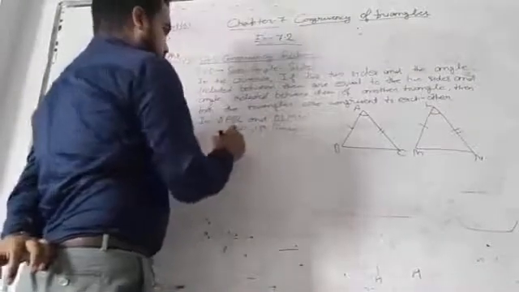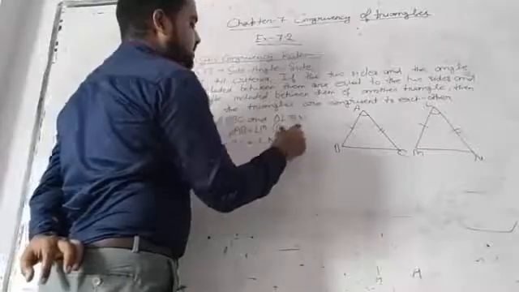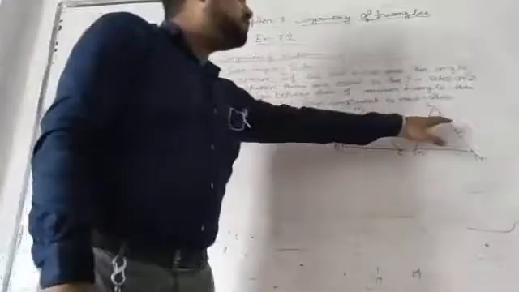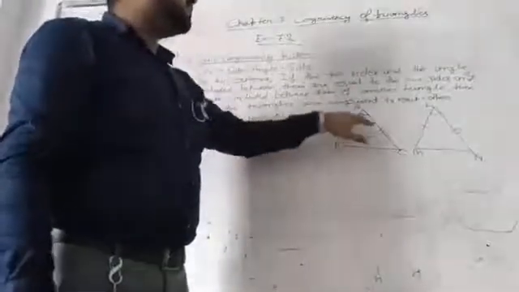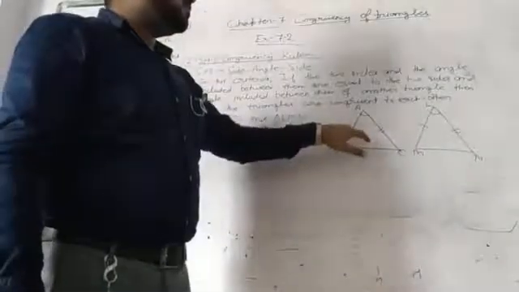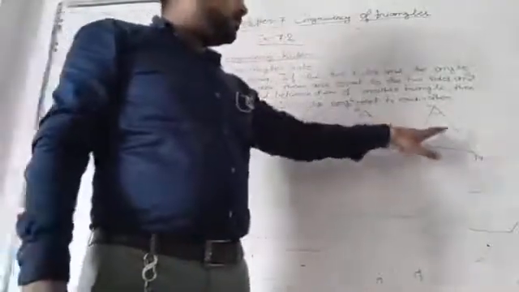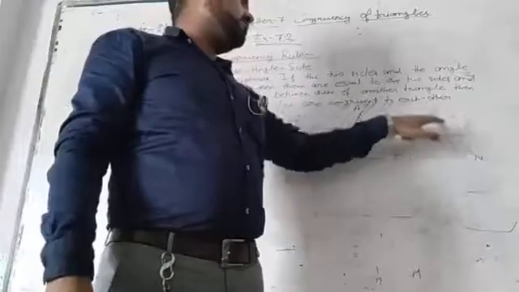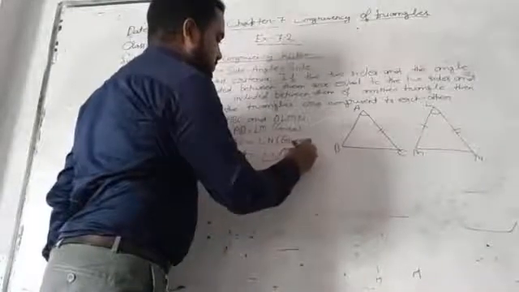And side AC is equal to side LN, which is also given, and the angle which includes these two equal sides, in triangle ABC, is angle A, and for triangle LMN, the angle which includes the sides LM and LN is angle L, which is given also.